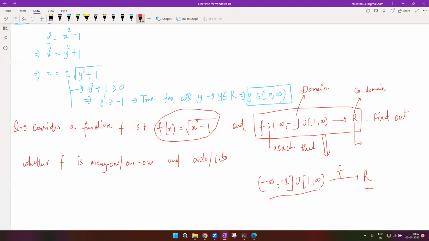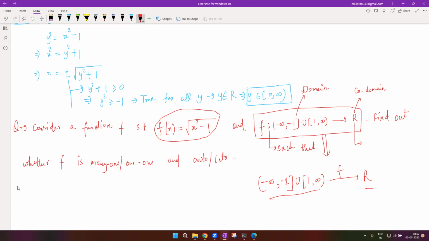Or they can frame it like prove that f is many one and onto, or maybe into, whatever the type of function f is, they can tell you to prove that. Both the questions are the same only. They want you to find out whether the function is many one or one, and again then onto or into, right? So we can solve it in two ways.